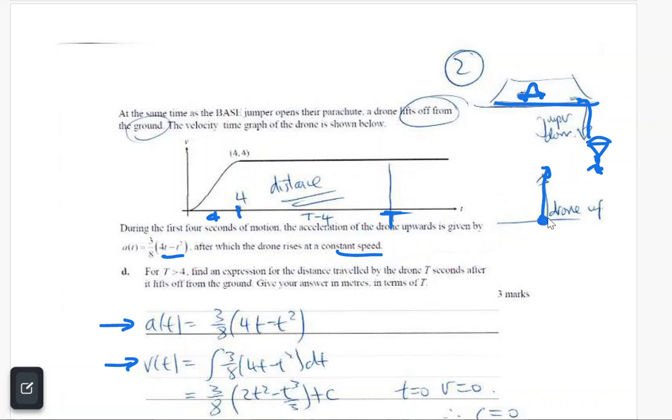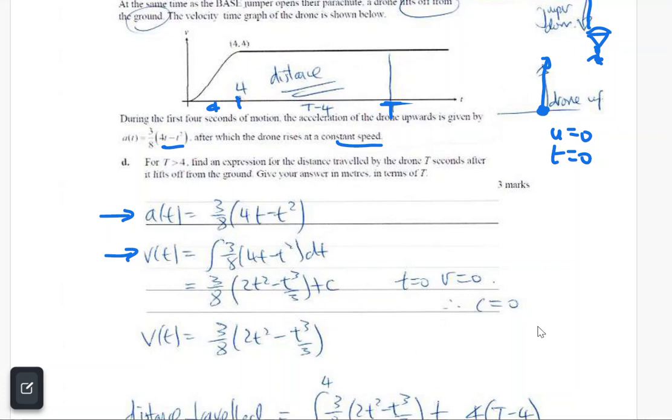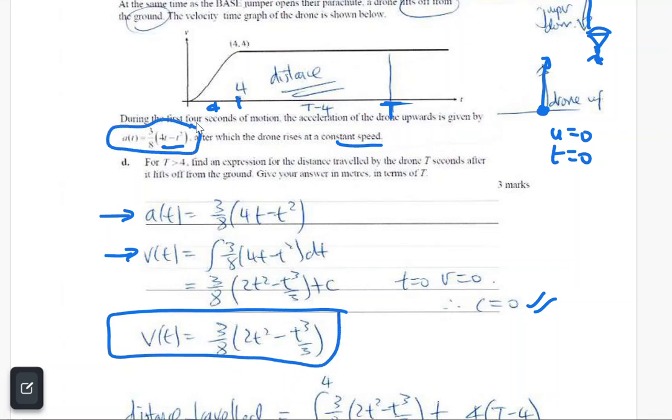I know the drone has a u of 0 when time is 0, so therefore c is 0. So this is my velocity that I got from anti-differentiating the acceleration, and that will determine the area under the curve for the first 4 seconds.